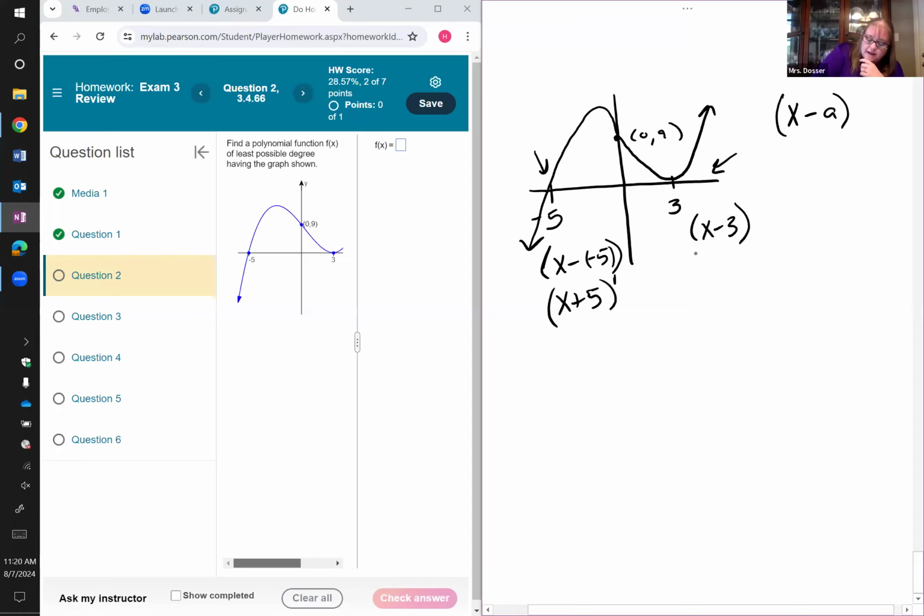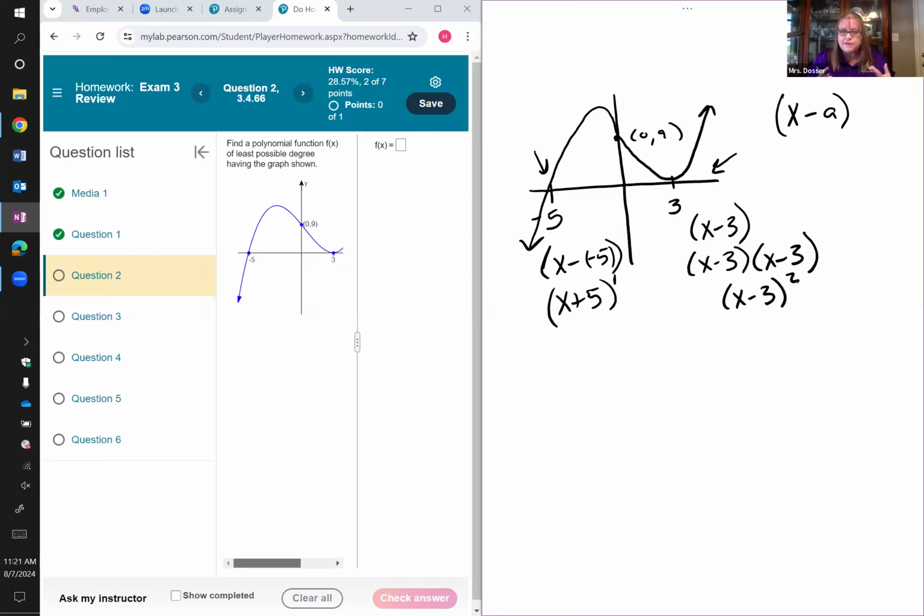So we can either write it as x minus 3 times x minus 3 to show that it occurs twice, or that's the same as x minus 3 to the second power, squared. So either way, we now know our factors. We know x plus 5 occurs once and x minus 3 occurs twice. So x plus 5 times x minus 3 squared would be the factors.